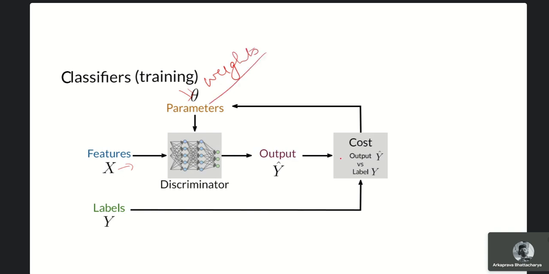While mapping the features X to the labels Y, the classifier updates the weights. So while the classifier is learning, what changes in the model is the weights of the model. Given a set of features X, the discriminator model predicts the class Y hat.